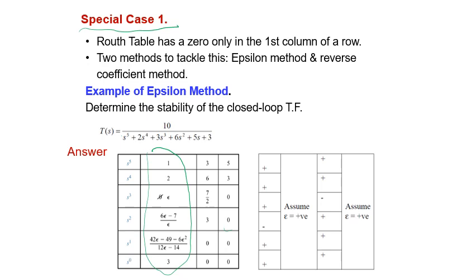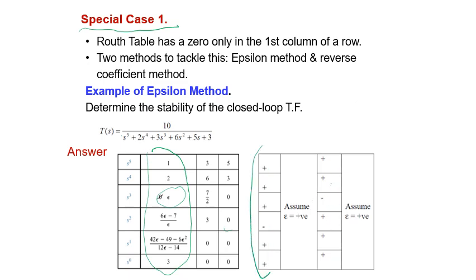And the proof is shown here. If you put epsilon as a positive quantity, you are going to get these signs: positive, positive, positive, negative, positive, positive. If you put epsilon as a negative quantity, the signs are going to be positive, positive, then negative, then positive, positive, positive. Compare the two results obtained.